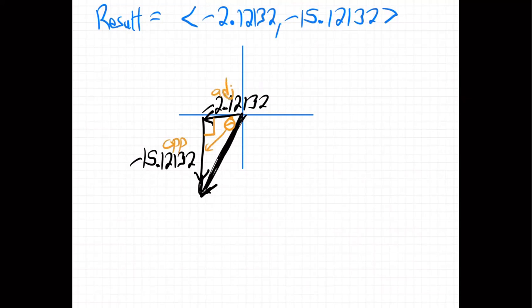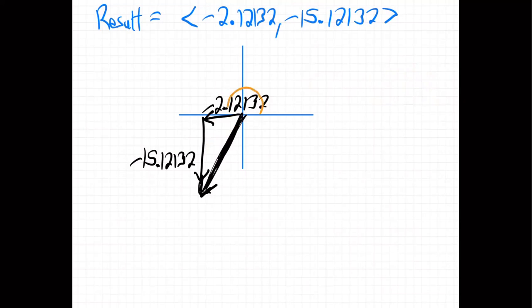So you can just say tangent of that angle theta is opposite, negative 15.12132, over negative 2.12132. Is that making sense? I'm probably confusing you. Let me back up and just follow the notes.